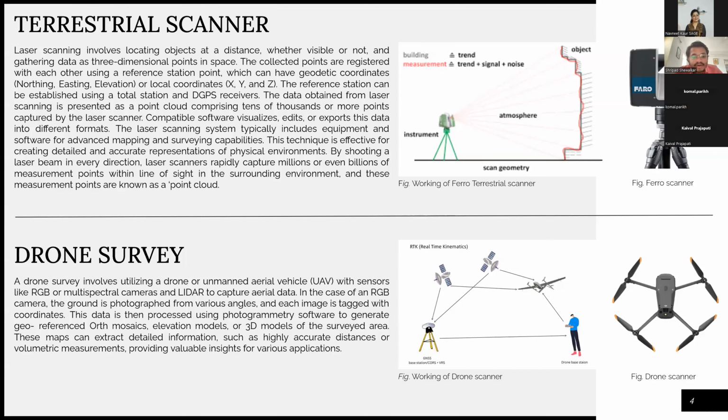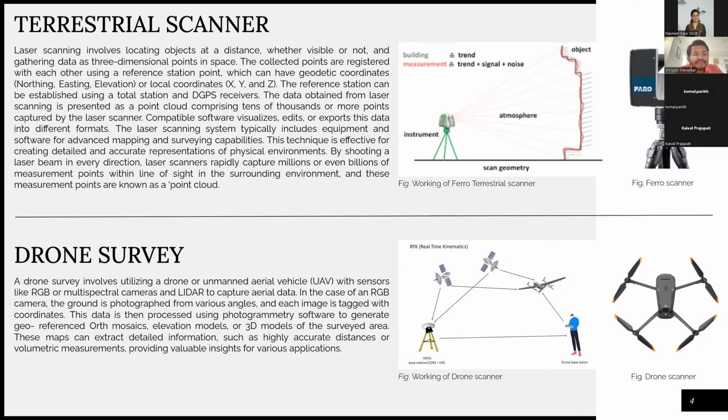Moving on to the next device, which is drone survey. It's basically a drone conducting a survey with sensors like RGB or multispectral cameras and LiDAR to capture aerial data. In the case of an RGB camera, the ground is photographed from various angles and each image is tagged with coordinates.